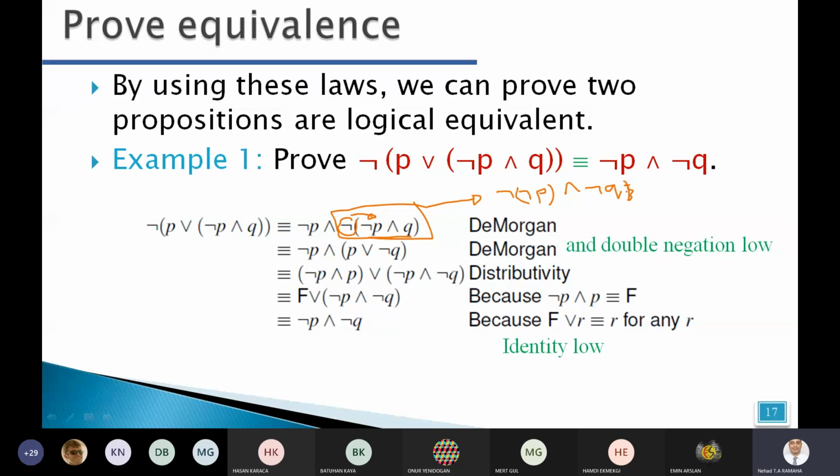After we used or, we can use this parenthesis. This is after we used De Morgan's law. What is De Morgan's law? Not P and Q becomes not P or not Q. Sorry, here or.